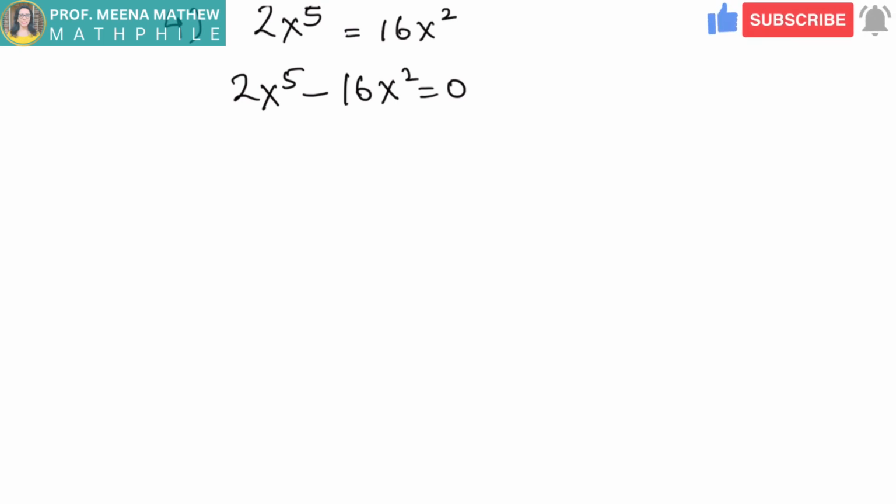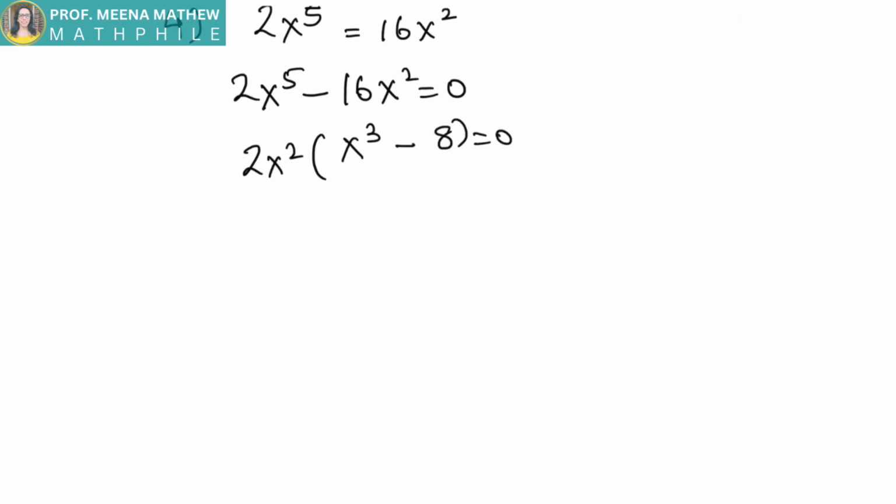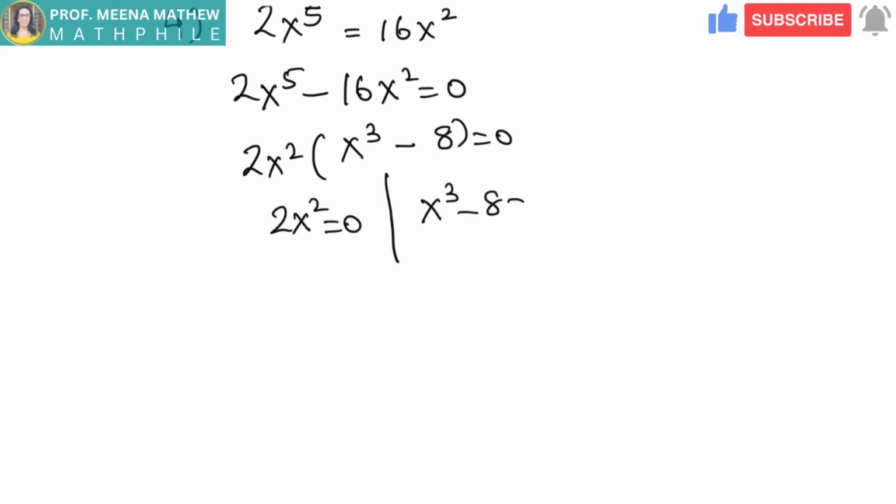So here we have a common factor 2x square and then we have remaining x cube minus 8 equals 0. So we can rewrite it as 2x square equals 0 or x cube minus 8 equals 0. That is x cube minus 2 cube equals 0.